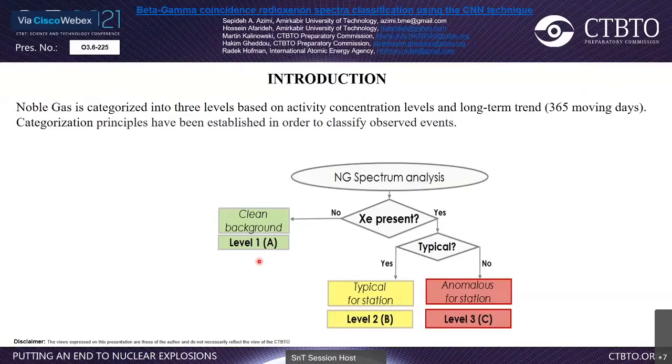Level 1 represents no detection of radioxenon, while level 2 shows that radioxenon is detected, however at a normal concentration level. Level 3 indicates that radioxenon is detected and at least one concentration is above the abnormal threshold.